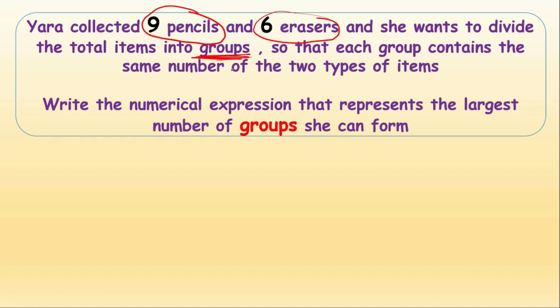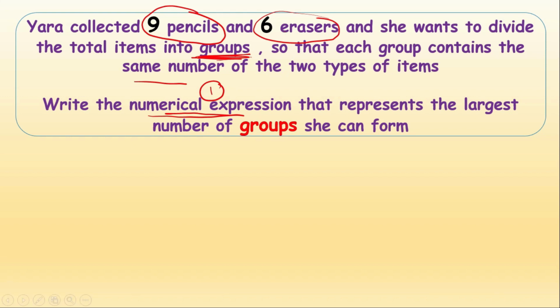Meaning she wants the same number of items in each group. Okay, now write the numerical expression. That is our request. First we want an expression that represents the largest number of groups she can form. Okay, we want to divide the 9 and 6 into the same numbers in groups.